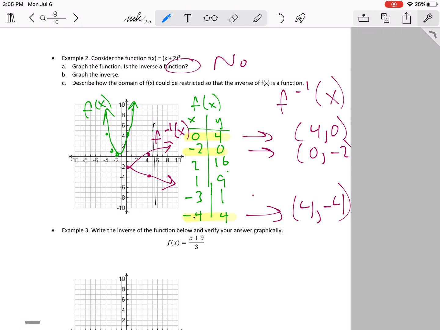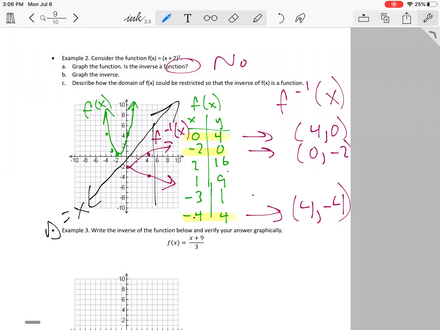You can't have both. Remember your mirror line here is y equals x, so there's your mirror line.